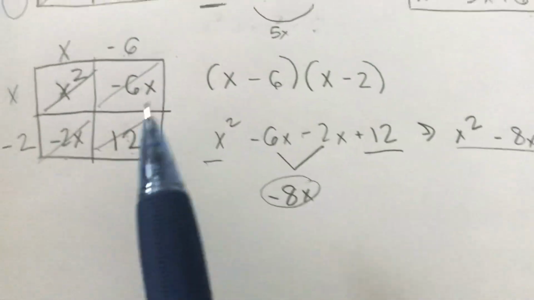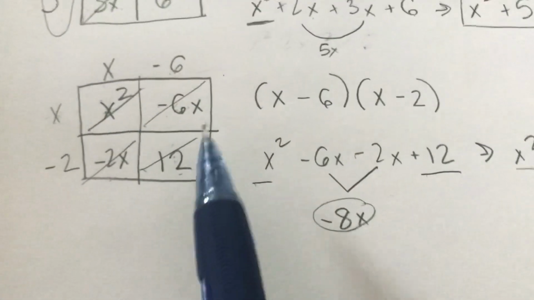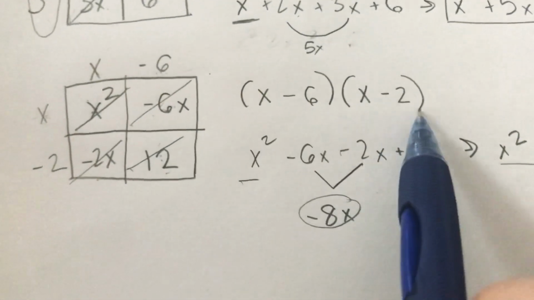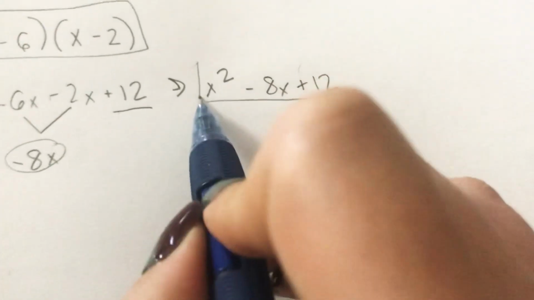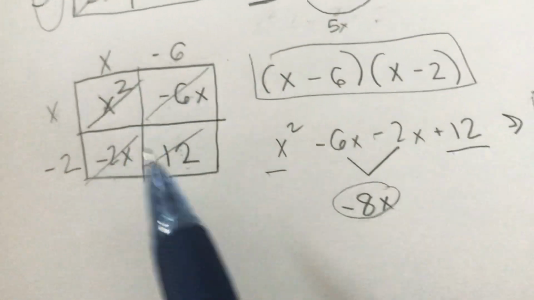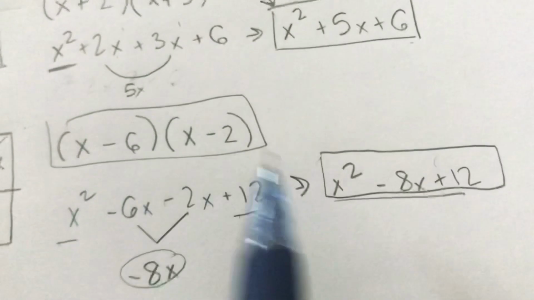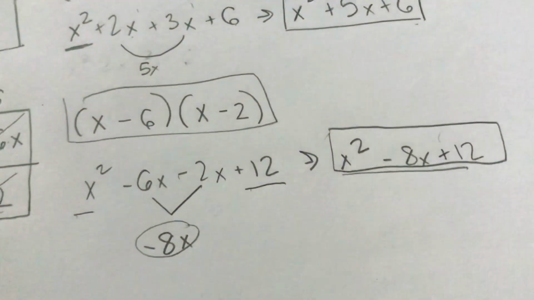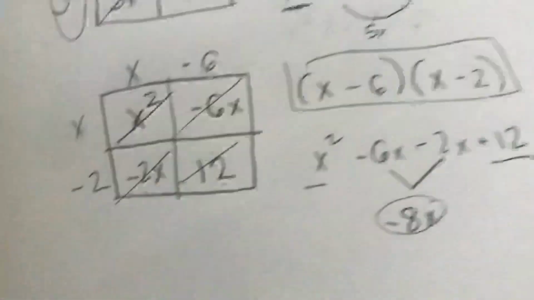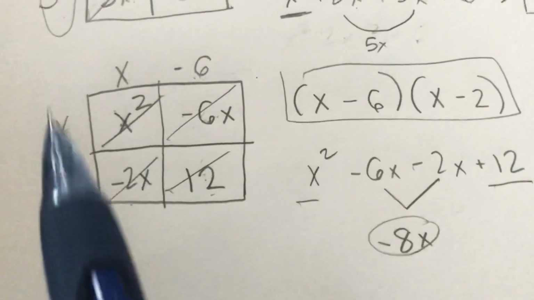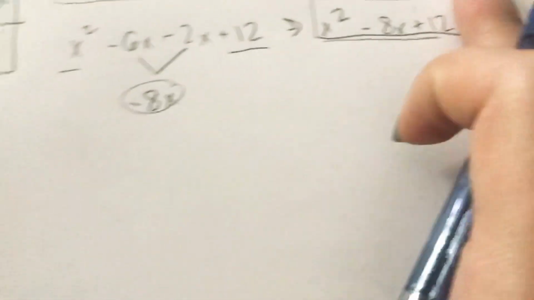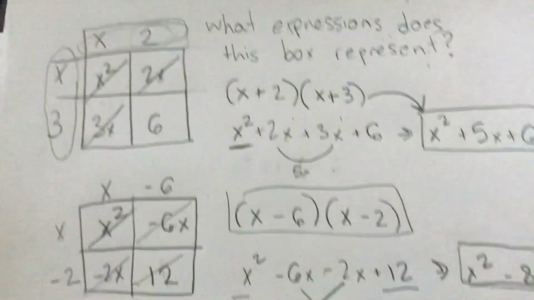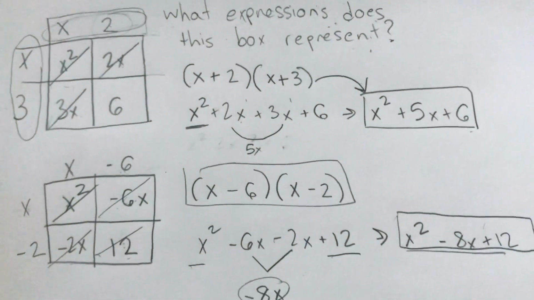So what I was able to do here is find that this box now represents the x minus 6 times x minus 2 in factored form, as well as x squared minus 8x plus 12 in standard form. This box proves that these two quadratic expressions are equivalent because after multiplying my factored form within the box, I do get this.